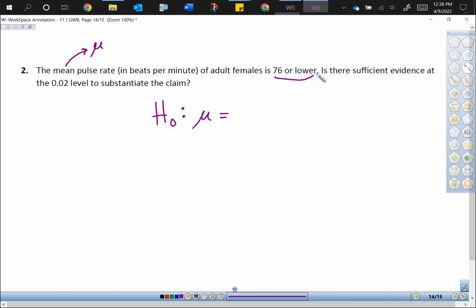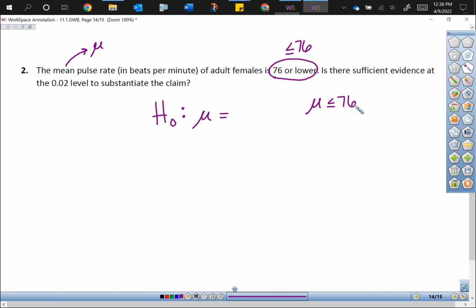Now this confuses some people because they're like, well, Mrs. Getz, 76 or lower would be less than or equal to 76. And you're right. Back in the old days when I learned statistics for the first time, the null hypothesis wasn't just limited to an equal sign. It was exactly whatever they were talking about, so in this case, mu is less than or equal to 76.